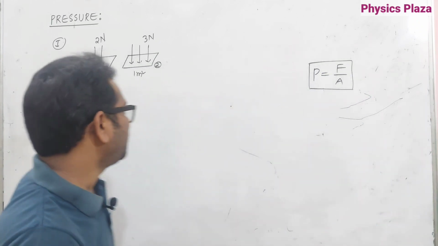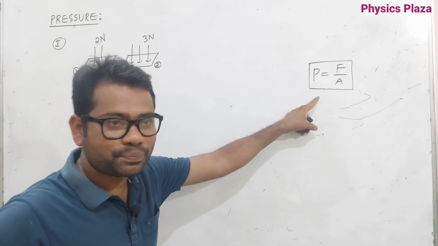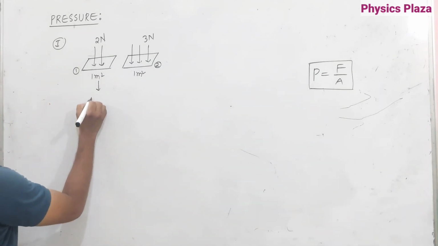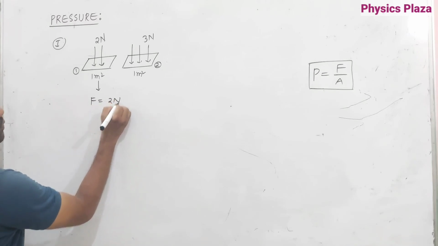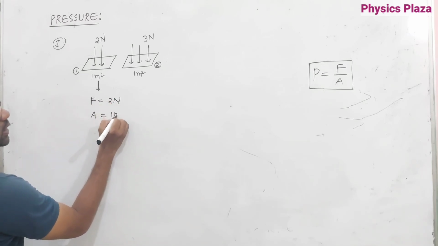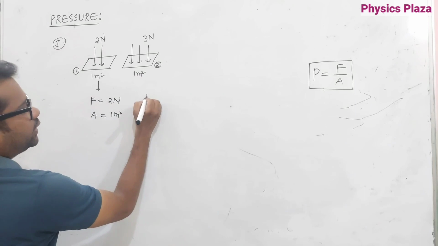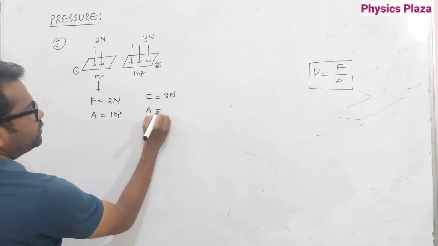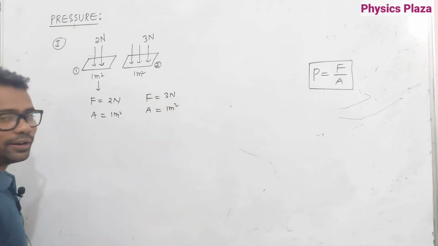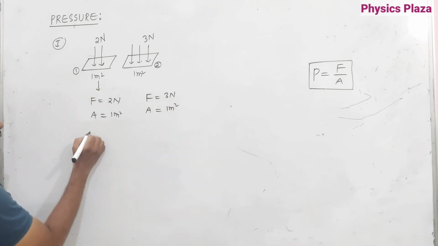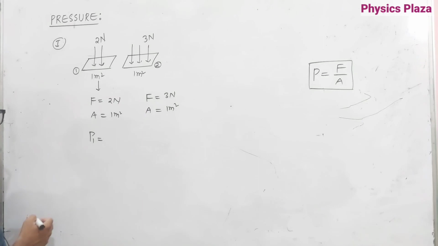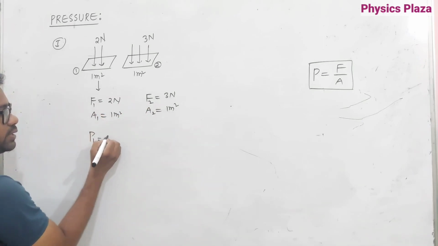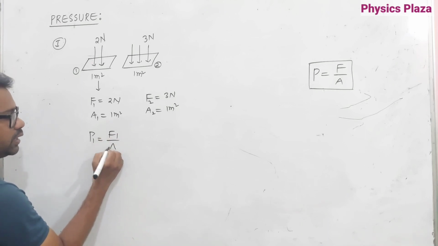Chalo. Look here. For that, let us use this formula. Let us see, children. In this case, F is given 2 Newton, area is given 1 meter square only. In the second case, F is given 3 Newton, whereas A is given 1 meter square. Now in this case, the pressure is P1, let us say. Let us say this is F1, A1, and it is F2, A2. Then P1 is F1 by A1.